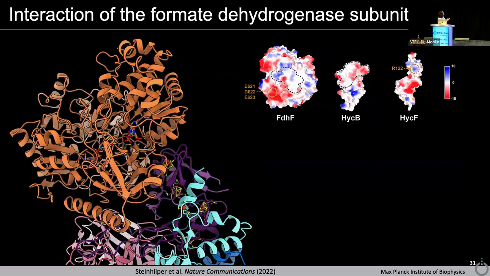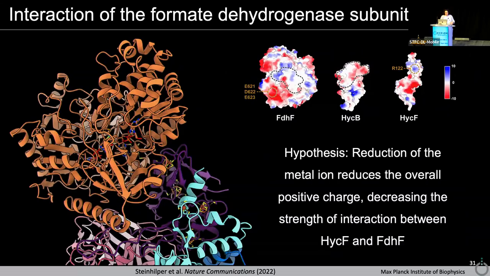And so when we look at that, the running hypothesis is that under more reducing conditions, the overall charge of this area becomes less positive, and therefore the interaction with the FDHF subunit is less strong. And that's why we're losing the FDHF subunit under reducing conditions.